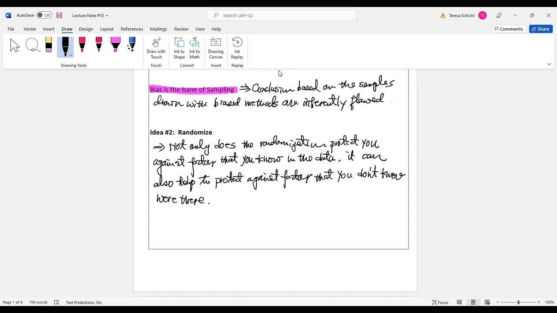I should just randomly pick the students. One way I can do it, since we have 10 rows in the classroom, is to randomly pick one row and then check the study hours for the students in that row. But that is not truly randomized, because I inherit bias by doing this type of sampling.